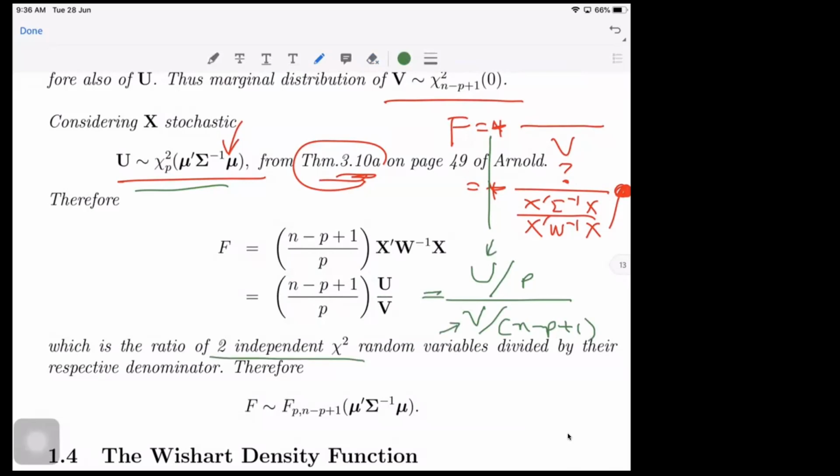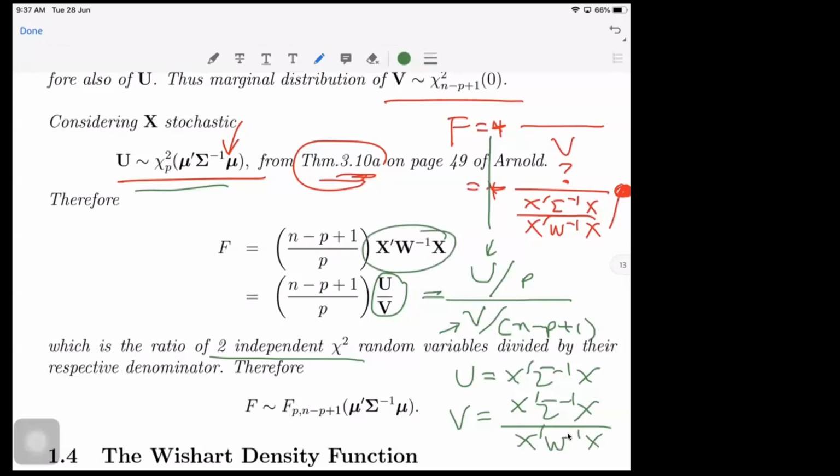And if you substitute the values of U, which is X prime sigma inverse X, and V to be X prime sigma inverse X over X prime W inverse X, this will give you X prime W inverse X.